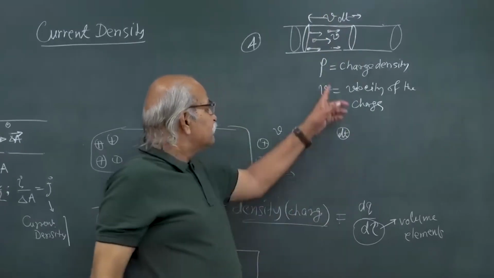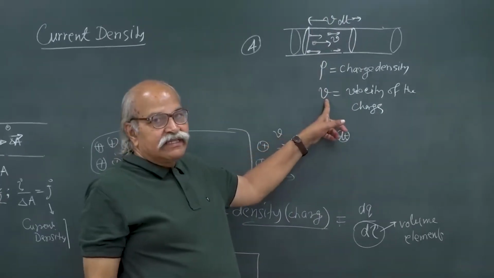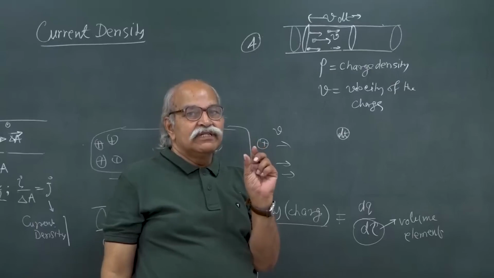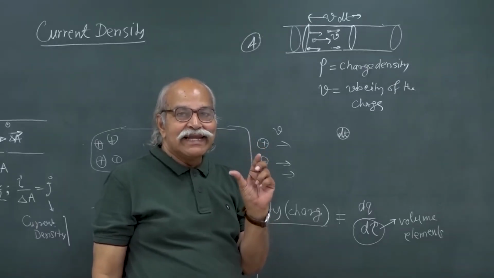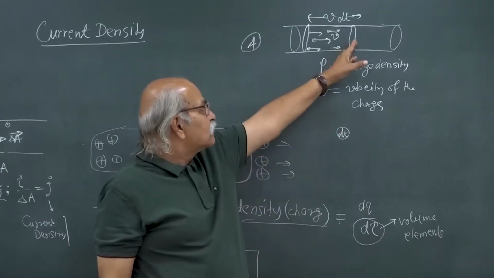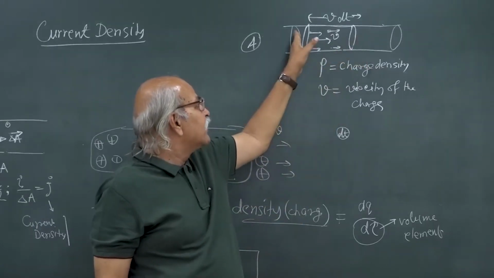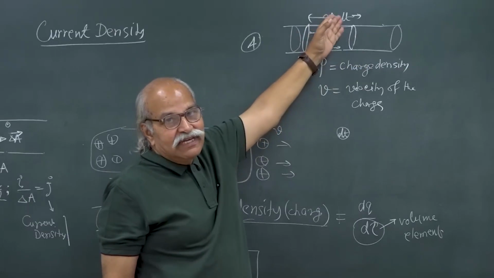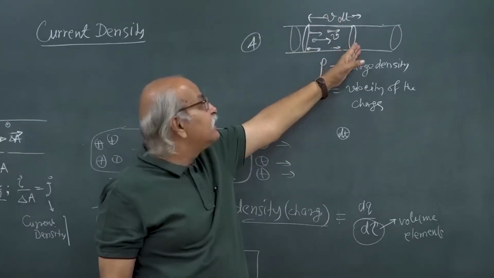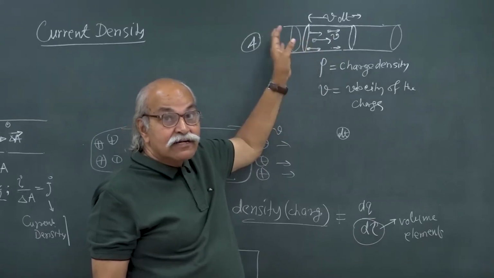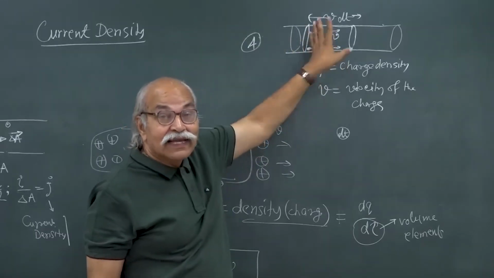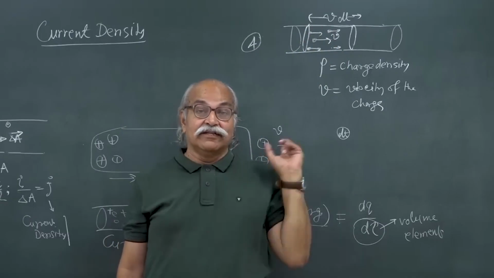So rho is given, v is given, and we consider some time dt, and then v into dt will be a length. Here is one cross section, and behind that, at a distance v dt, I take another cross section and look at this wire at a certain instant t.